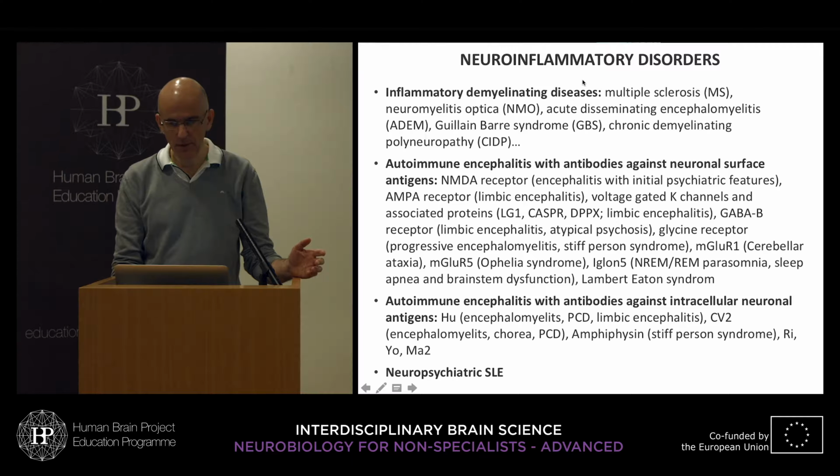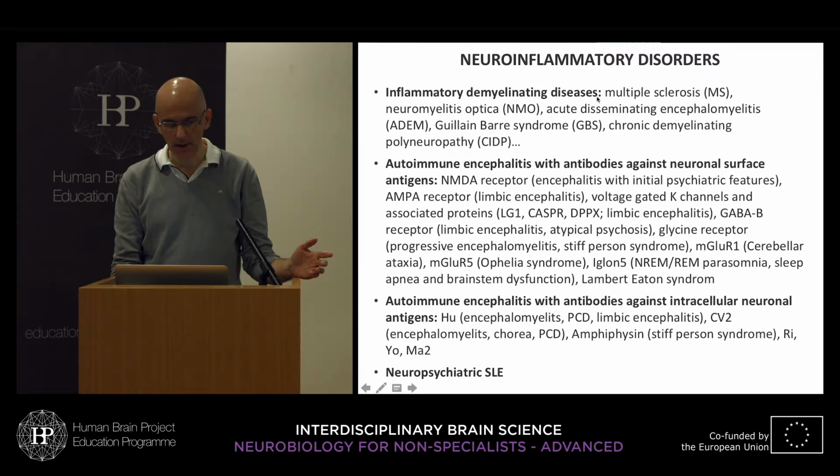If we talk about neuroinflammatory disorders, we talk about inflammatory demyelinating diseases, autoimmune encephalitis with antibodies against neuronal surface antigens, autoimmune encephalitis with antibodies against intracellular neuronal antigens, and neuropsychiatric SLE.